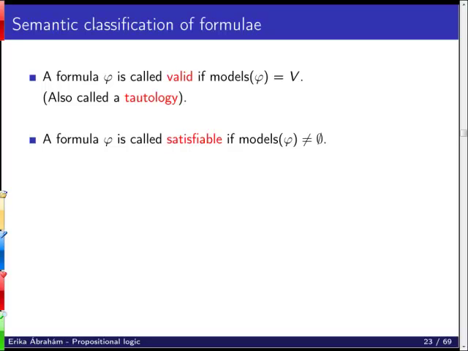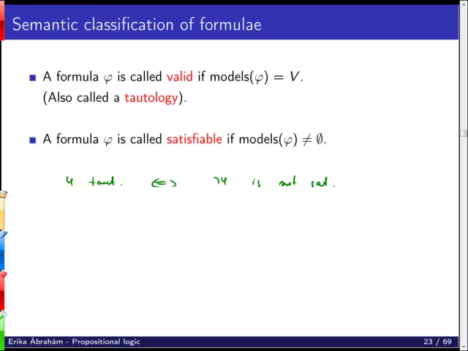Now, what is the relation between validity and satisfiability? The formula is a tautology if the negation formula is not satisfiable. Exactly. So phi is a tautology if and only if not phi is not satisfiable.